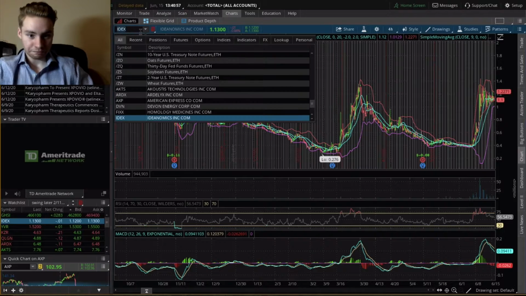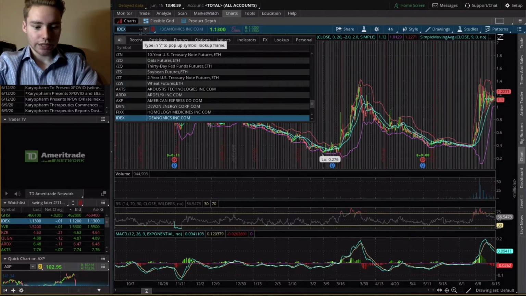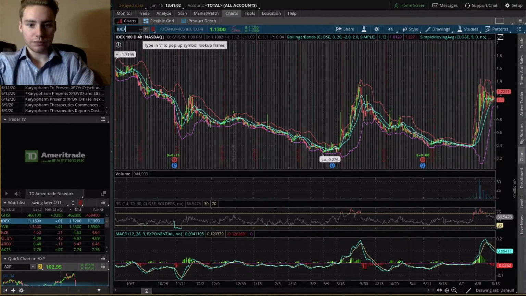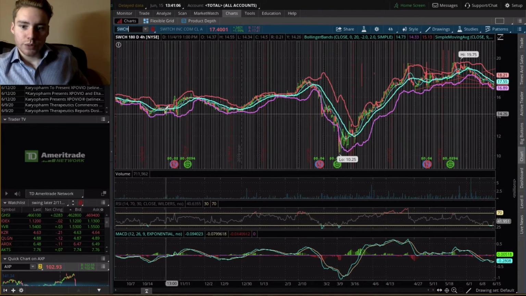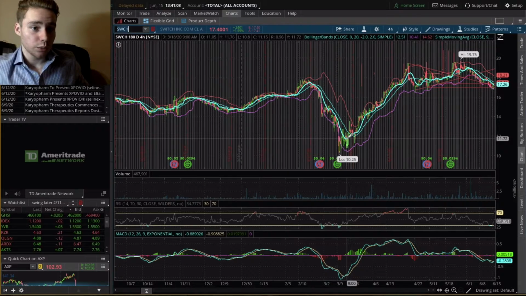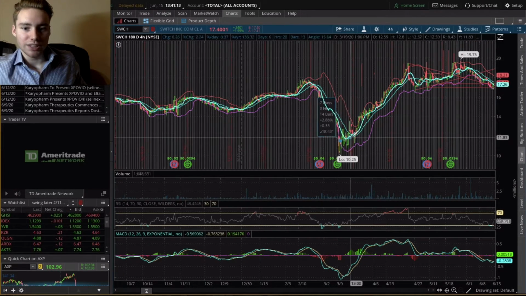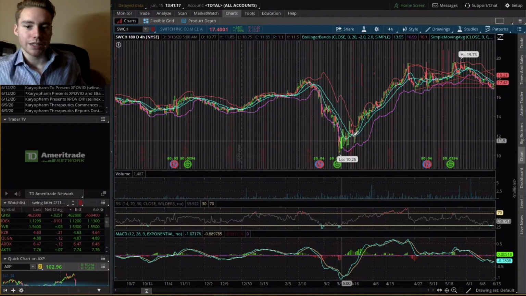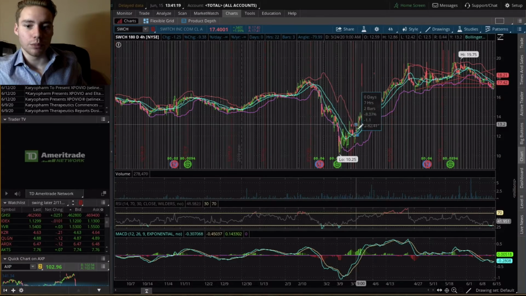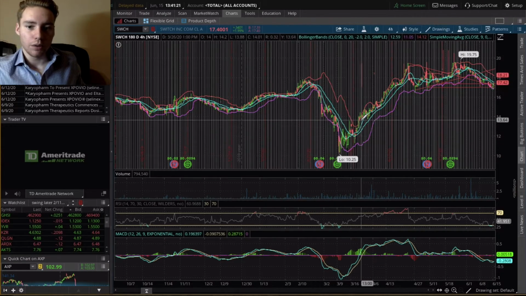So in comparison, look at something like SWCH, which I showed you before. We can see that while it was pretty sharp for a symmetrical triangle, it was still a journey. It didn't just rise up like that, boom. We had little pullbacks at times.